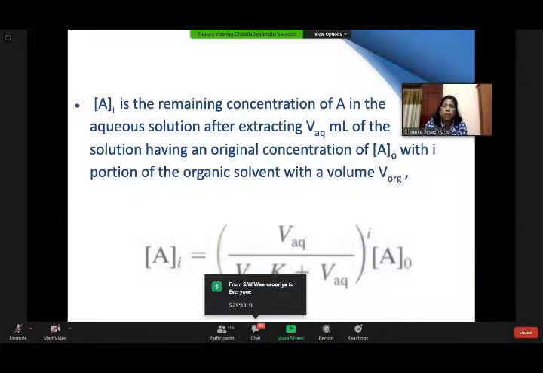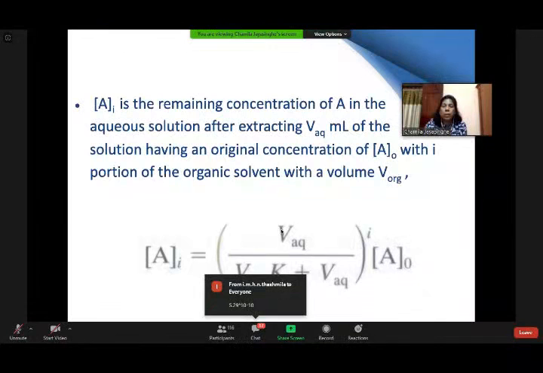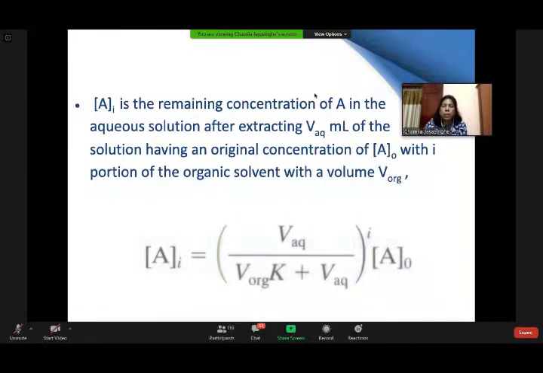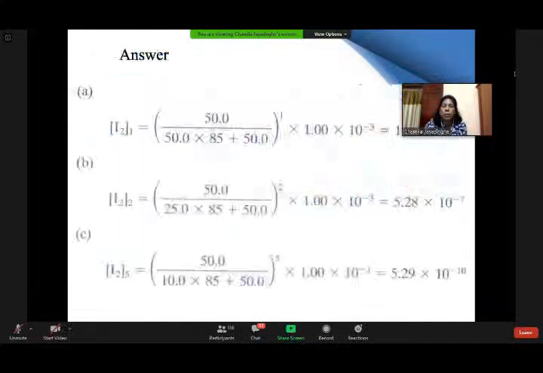V of 10, K 85, V aqueous 50, A0 1 into 10 to the power minus 3, V aqueous 50. Then I is 5. Then what would be the answer? 5.29 into 10 to the power minus 10. Let's see whether you have got the correct answer. Yes, the answer is 5.29 into 10 to the power minus 10.